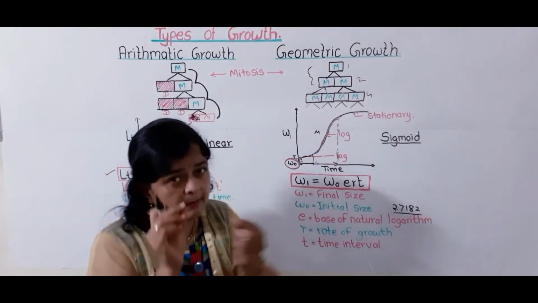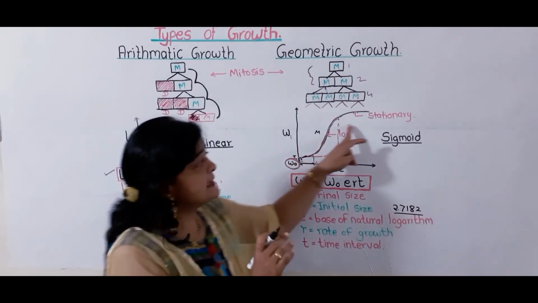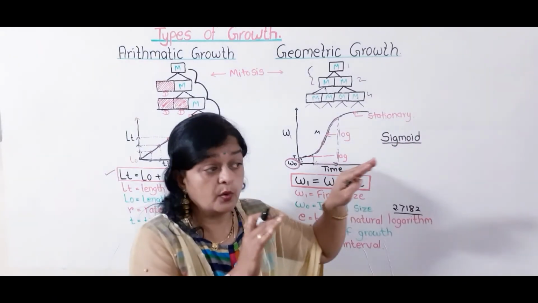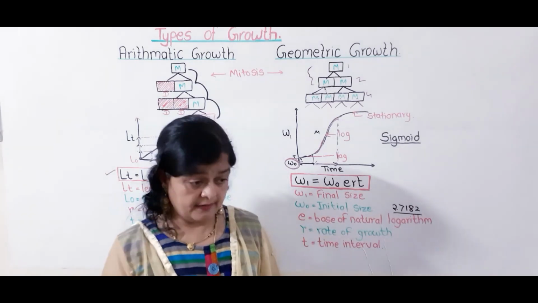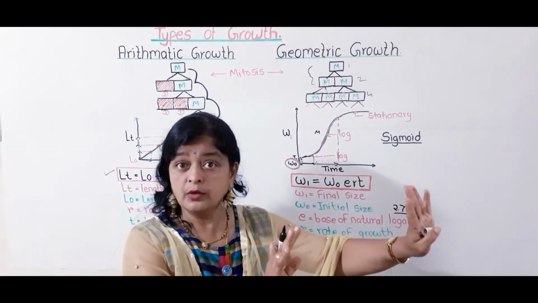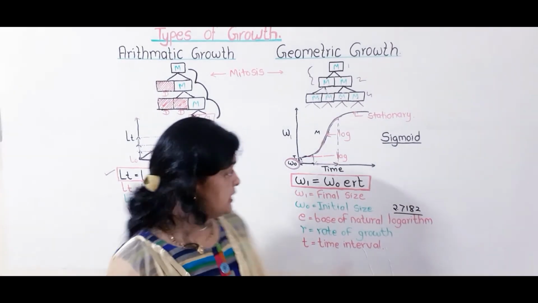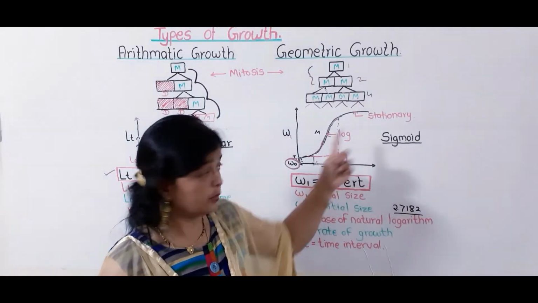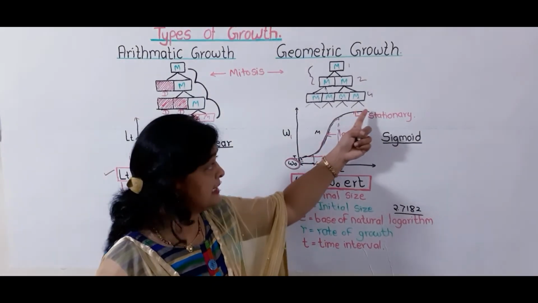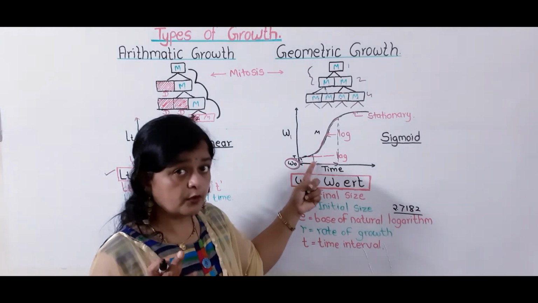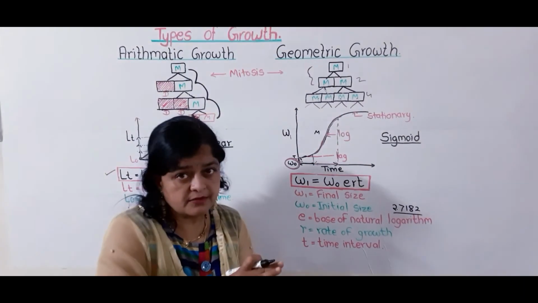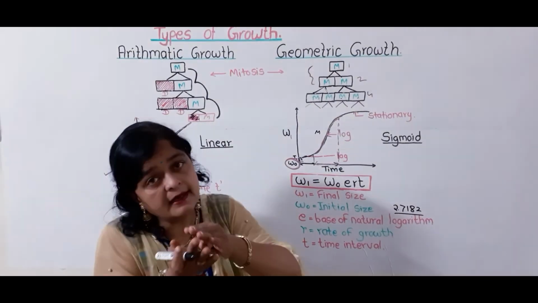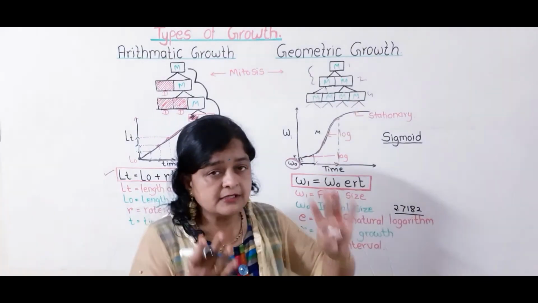So the growth becomes stationary, and cells become differentiated after a long period of time. So here we get three types of growth: lag phase, log phase and stationary phase. The growth at the first stage is very slow, at the second stage it is very fast, and at the last stage again it becomes steady or very slow.